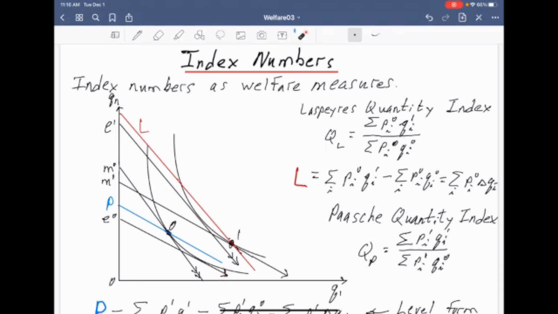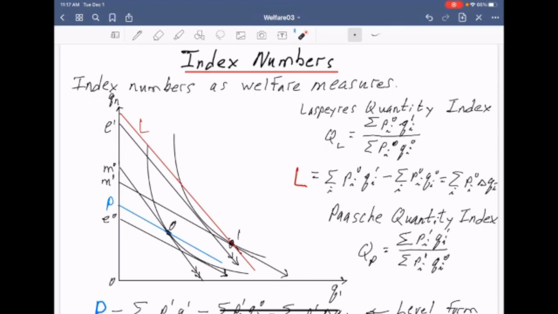And we use those prices to weight the quantities in the future bundle or future situation. So we have the sum of the original prices times the future quantities divided by the sum of the original prices times the original quantities. So the Laspeyres quantity index is given by the sum of the prices in the original situation times the quantities in the future situation divided by the prices in the original times the quantity in the original.